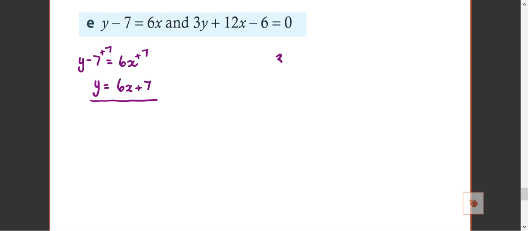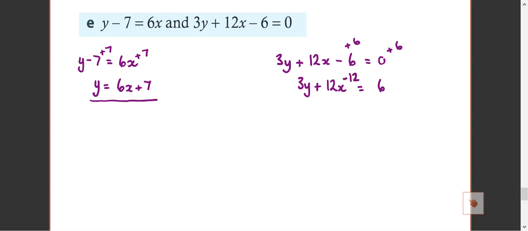This one, we've got 3y plus 12x subtract 6 equals 0. Add 6. So that would be 3y plus 12x equals 6 now. And then just subtract 12x.